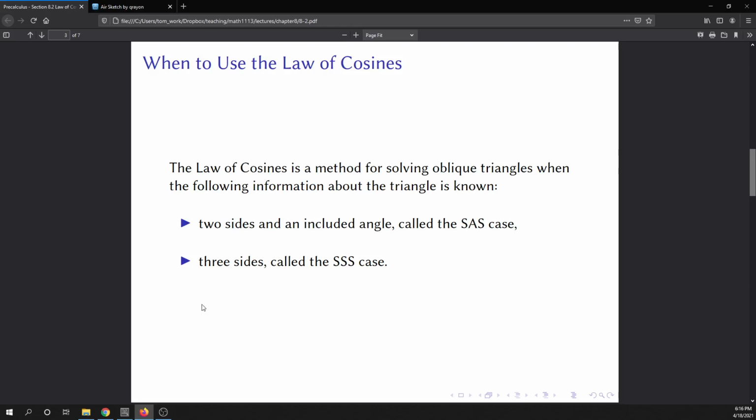All right, and then the other case is the case where we know the measures of the three sides, and that's called the SSS, or side-side-side case. Okay. So in these two cases, we cannot use the law of sines to start off with, because in neither of these cases would we know the measure of an angle and also know the measure of the side opposite that angle.